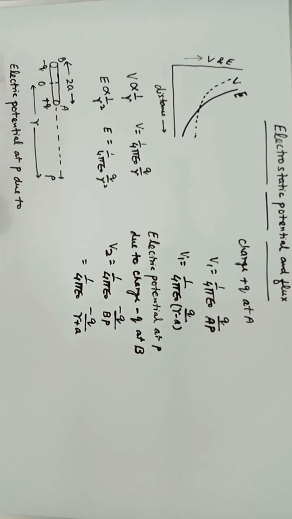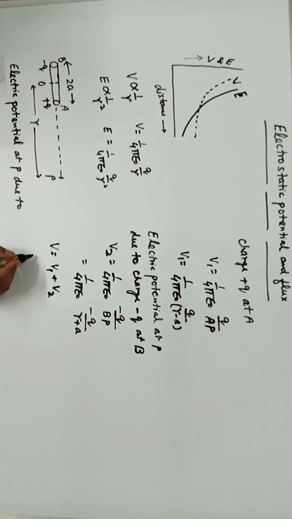This is the value of the electric potential at the point P due to charge minus q, which is placed at B. So the net electric potential at P due to the dipole, it is a scalar quantity, so the direction is not considered here.